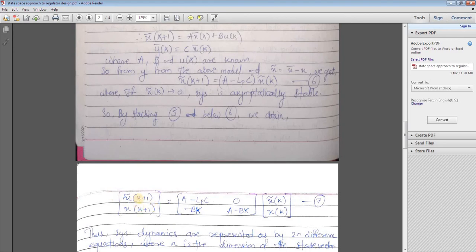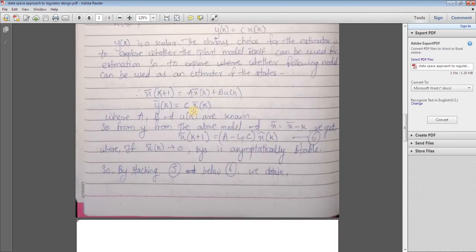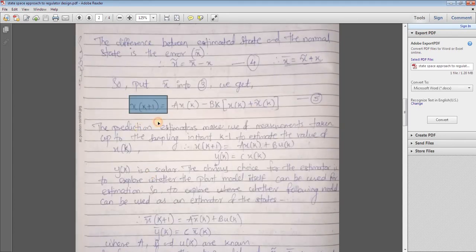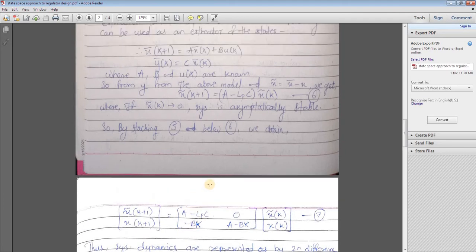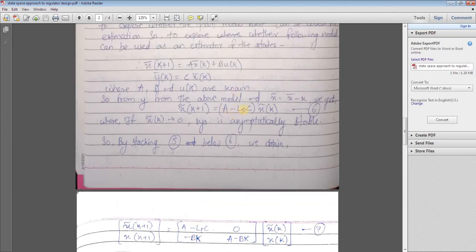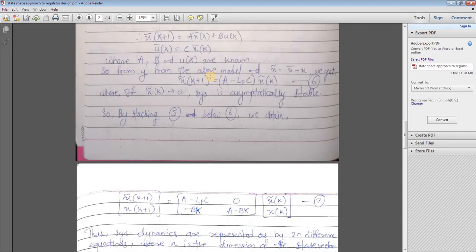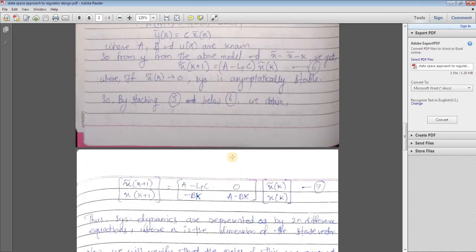So the left hand side is x bar of k plus 1 for this, and x of k plus 1 for this equation. The left hand side equals the coefficients: A minus LpC, then 0, then BK, minus BK, and then again A minus BK, and the output.